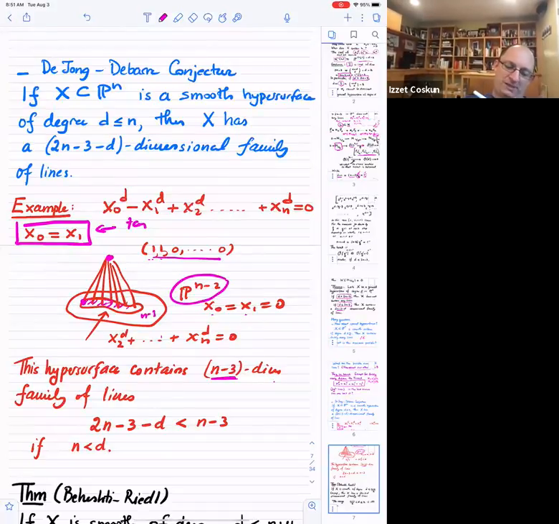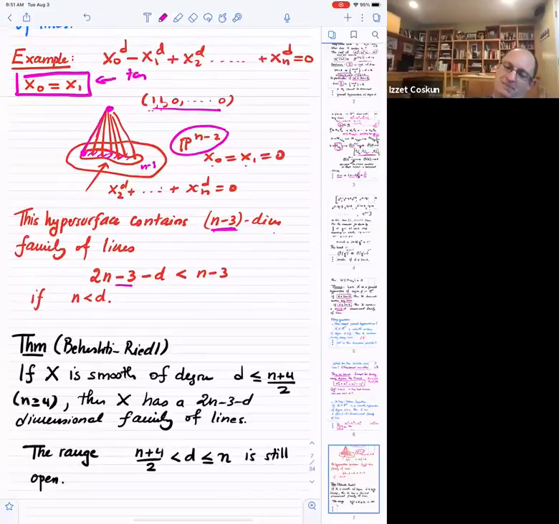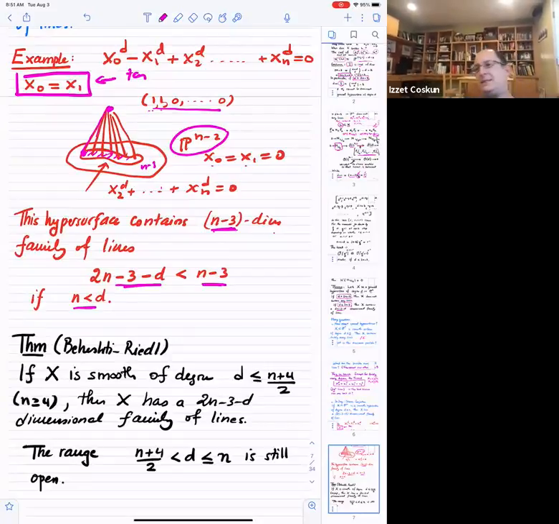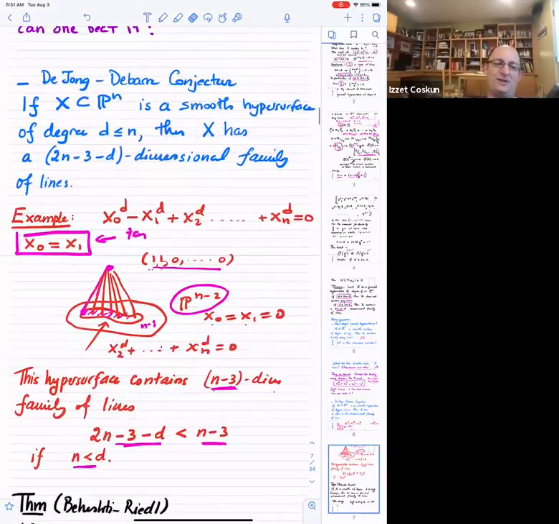And for every point of that, I get a line, right? So altogether, I have at least an n minus 3 dimensional family of lines, right? And you see that 2n minus 3 minus d is less than n minus 3 if n is bigger than d. So the moment d is at least n, you can have smooth hypersurfaces that have more than the expected dimension family of lines.